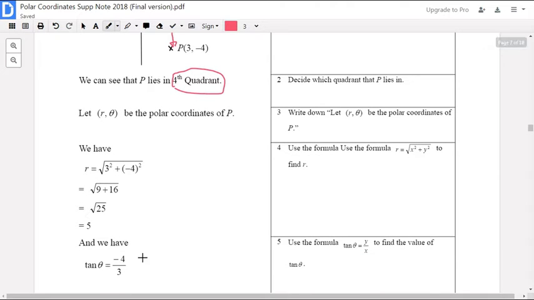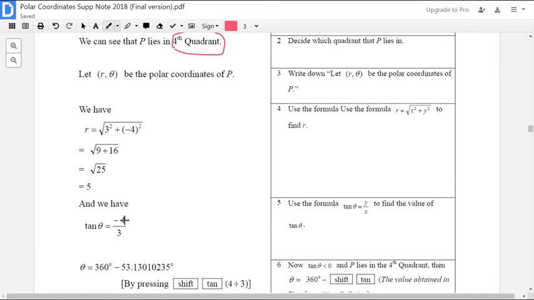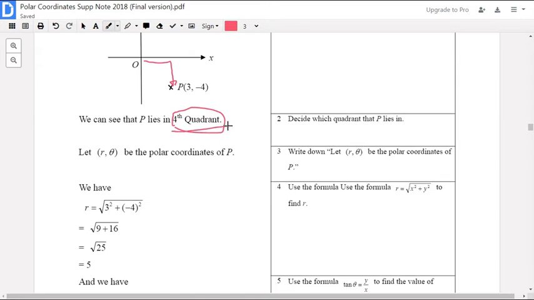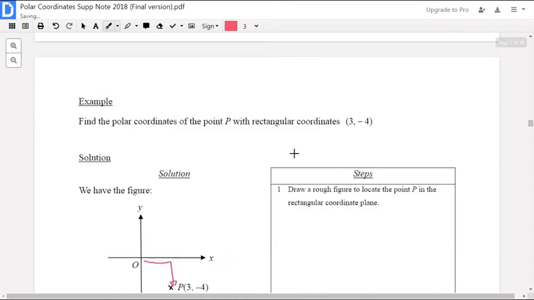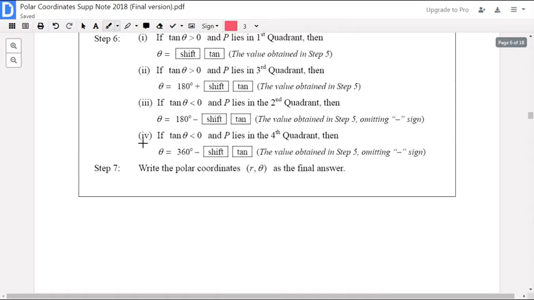And then, how to find the polar angle theta? We divide y by x, -4 over 3. Now, omit the minus sign, you have 4 over 3, and then pressing shift tangent, you have 53.130 so and so degrees. Because the point lies in the fourth quadrant, according to the rule here, it is 360 minus the shift tangent value.